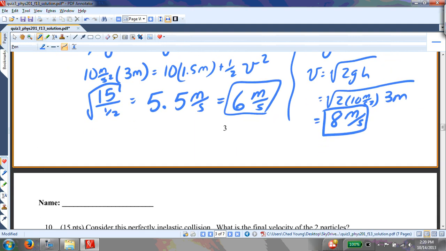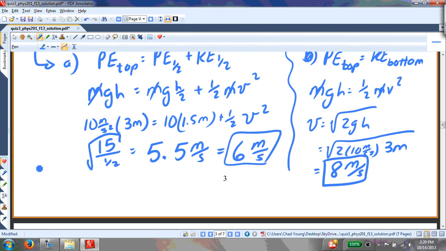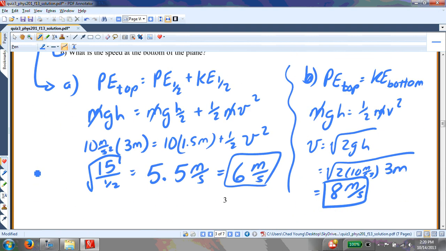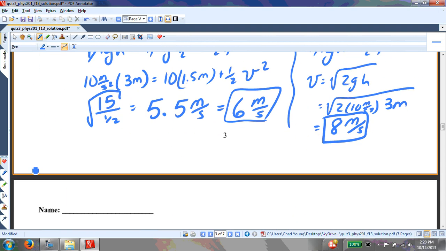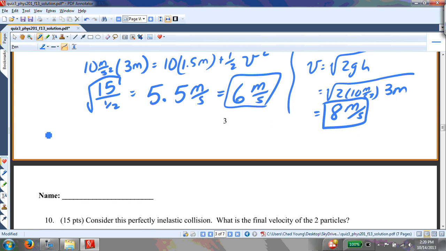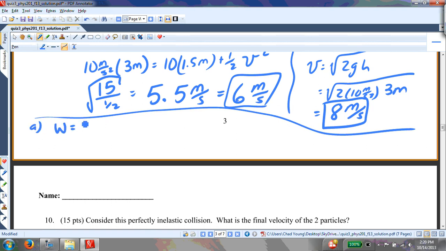So for part 2, I'm going to squeeze it in right here. For part 2a, to find the work, I do the integral of F dx. That's going to be from 0 to my x final.